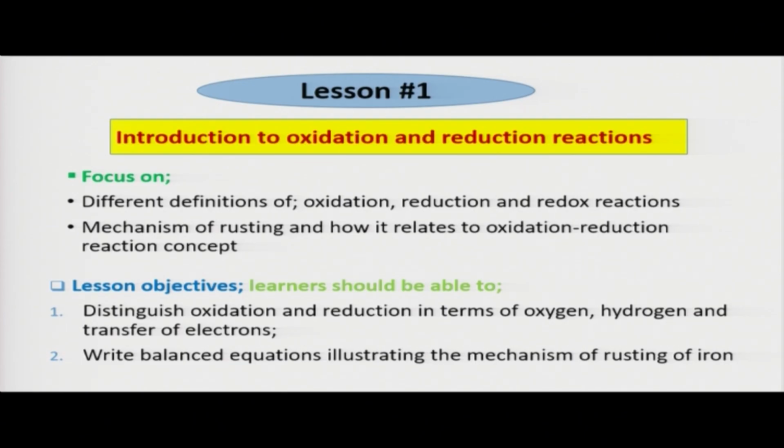We've been defining oxidation and reduction, looking at only oxygen and hydrogen. But in this case, we are encompassing transfer of electrons. And when we define and distinguish those two words, then we can write the mechanism of rusting as we connect it to oxidation and reduction. So those are the objectives we are to work on.